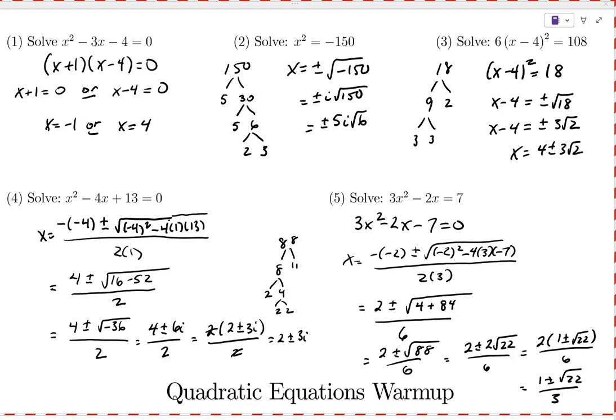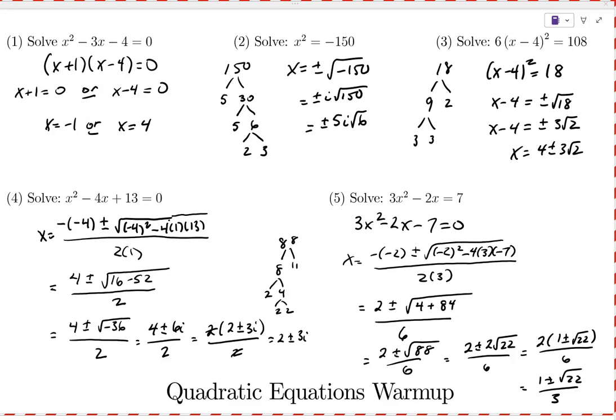Opposite of -4 gives you 4. -4 quantity squared will give you 16. 4 times 13 is 52, so you get 16 minus 52 under the radical. And it's all over 2. 2 times 1, so there's the 2 there. 16 minus 52 gives you -36 under the radical.